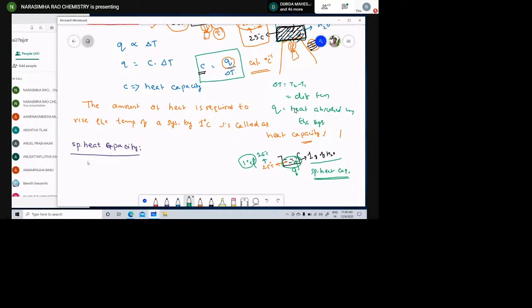The amount of heat required to raise the temperature of 1 gram of substance by 1 degree C is called specific heat capacity.